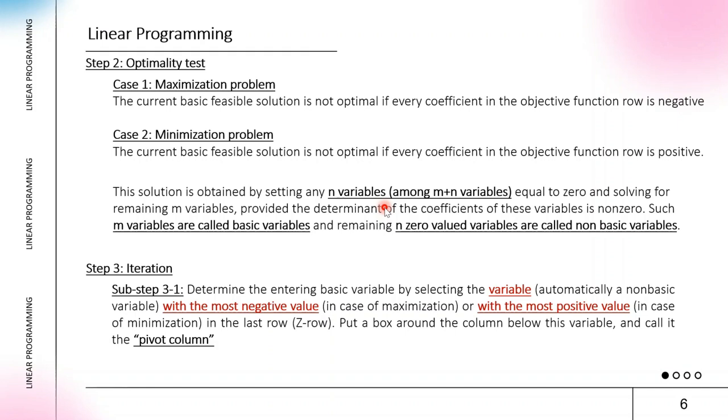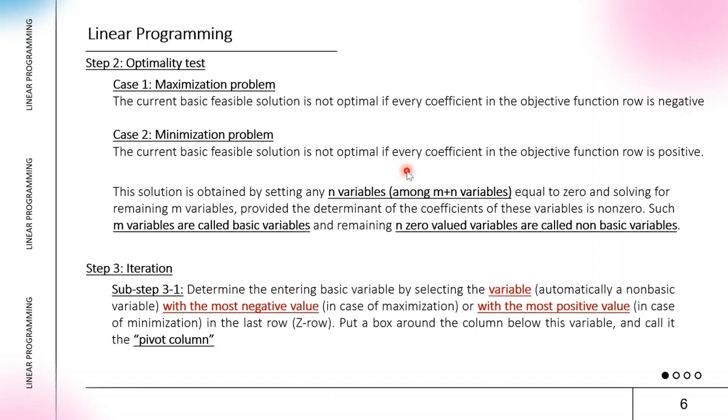Otherwise, there is room for improvement. In a minimization form of the optimization problem, if every coefficient in the objective row is non-positive, the current solution is optimal. Otherwise, there is room for improvement.